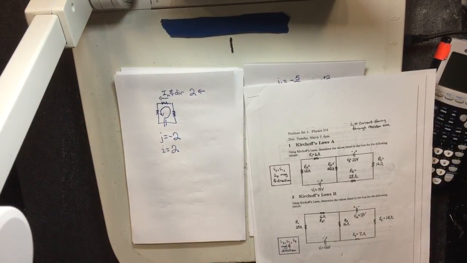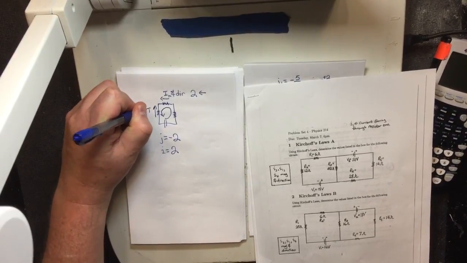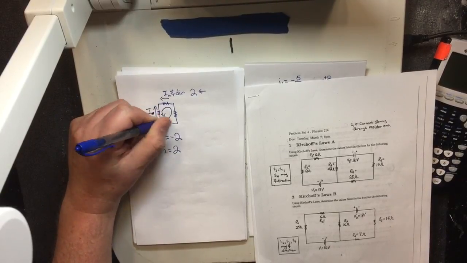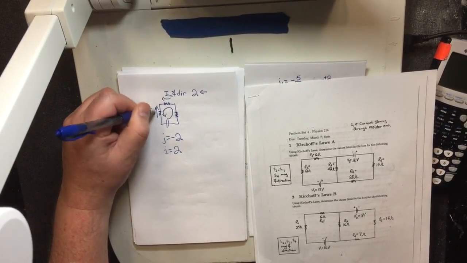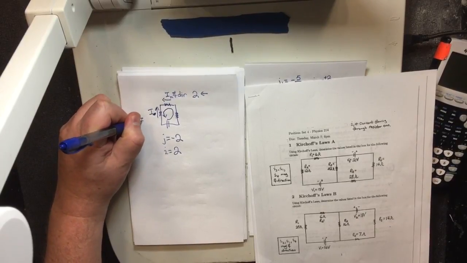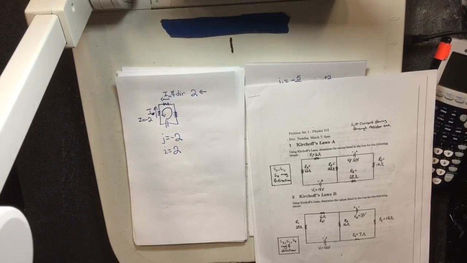Now, some of them intentionally just write, give me the value of I. Since the current runs counterclockwise and that I axis is going up, that I would be -2. What I like to do, in order to reduce confusion, is play with magnitudes only, and then use reason to figure out everything else.